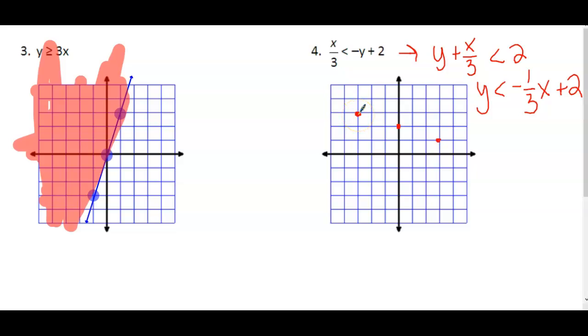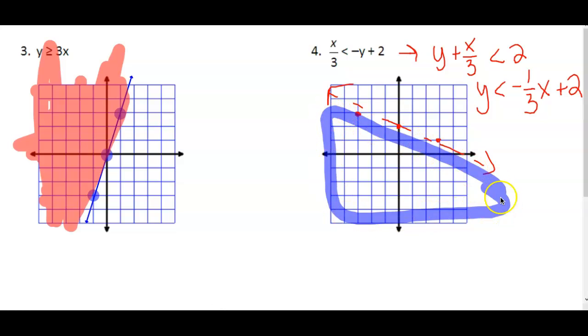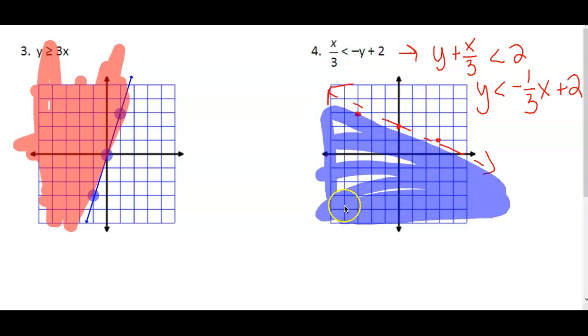Is my line solid or dashed? Do I shade it above or below? Is 0, 0 a solution? Yes.